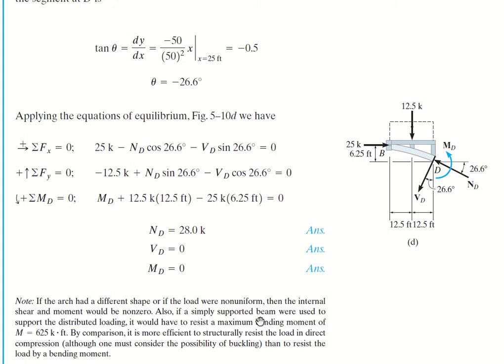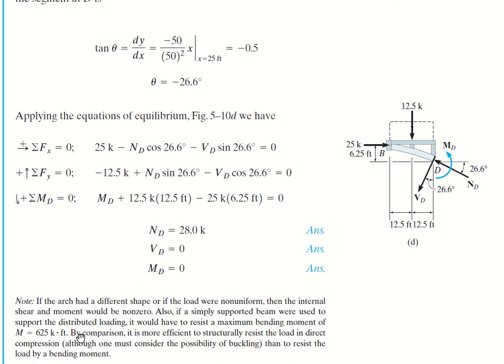Also, if a simply supported beam were used to support the distributed loading, it would have to resist a maximum bending moment of 625 kip-feet. By comparison, it is more efficient to structurally resist the load in direct compression, although one must consider the possibility of buckling, than to resist the load by a bending moment.